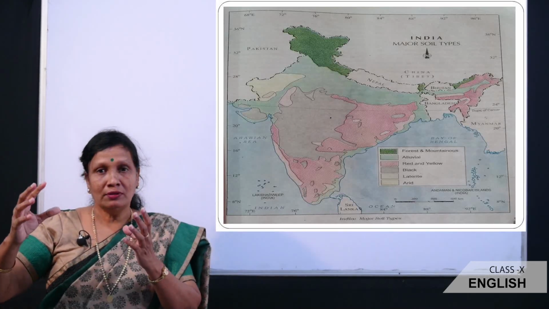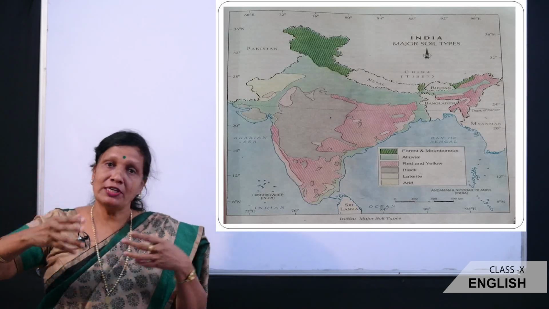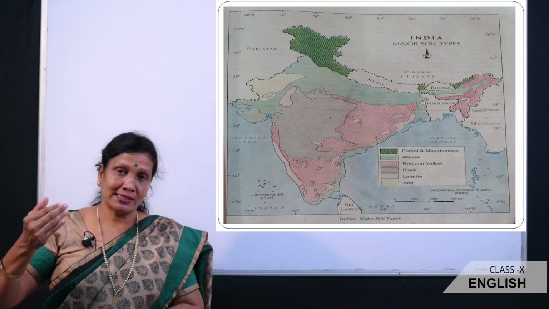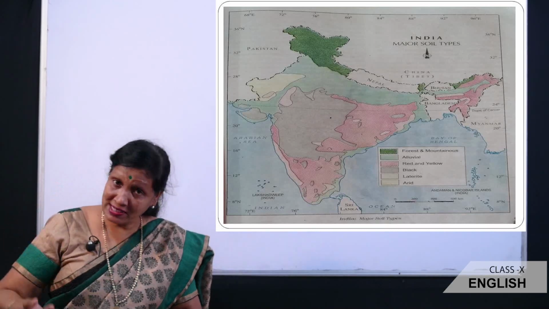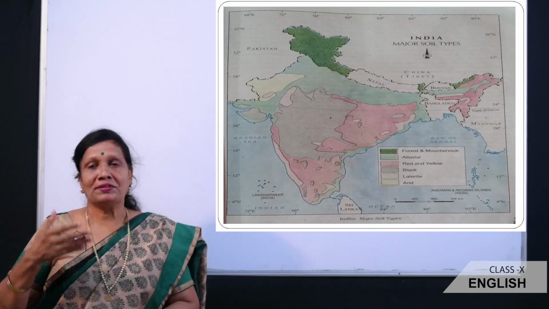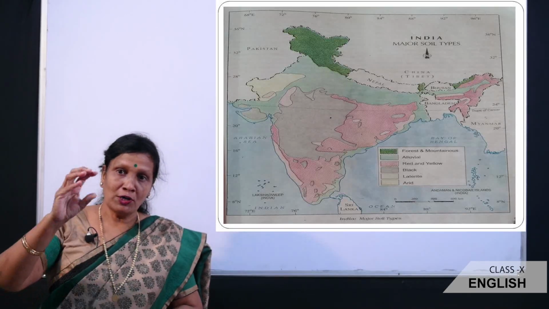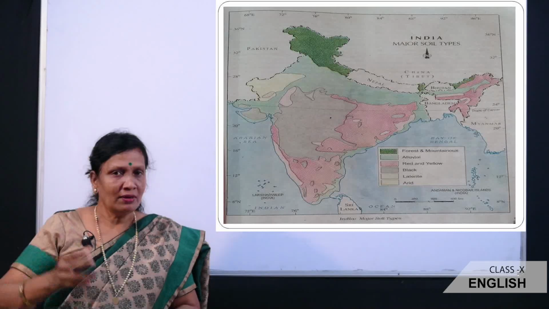It could relate to the developments or the natural resources, or the literacy status, or it could be about the health status of different parts of India. So it could be marked in different ways.